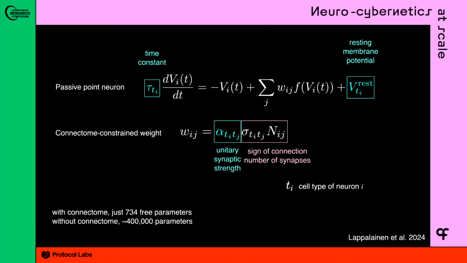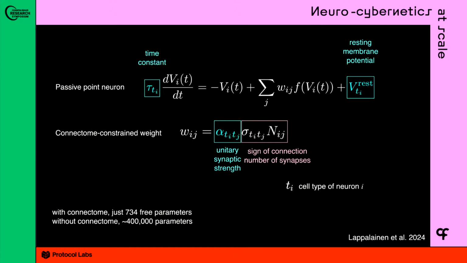So what we said is, we largely know the connectome, and it should give us a way to share these biophysical parameters according to cell type for the neurons and according to synapse type for the synapses. And in this case, we say that any pair of cell types has its own unitary synaptic strength. And so that's why they're indexed by Ti and Tj.